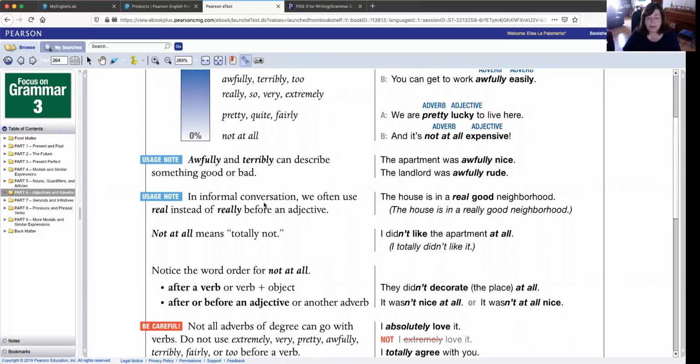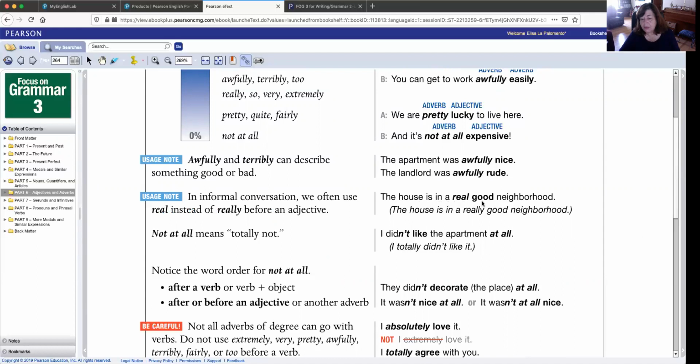In informal conversation, and again, the key word here is informal, meaning casual, we often use real instead of really before an adjective. The house is in a real good neighborhood. Or the house is in a really good neighborhood. This is correct. You hear many people speak like this.